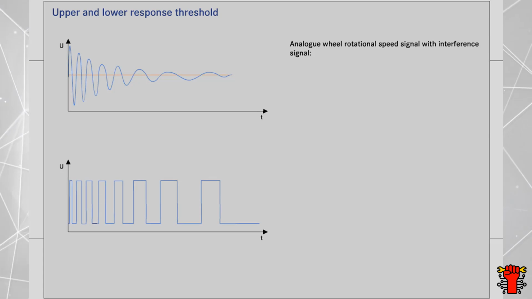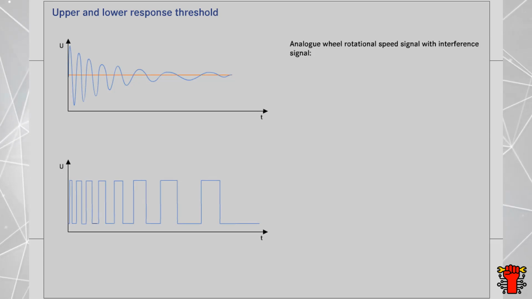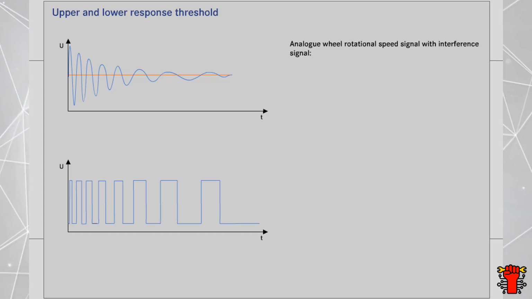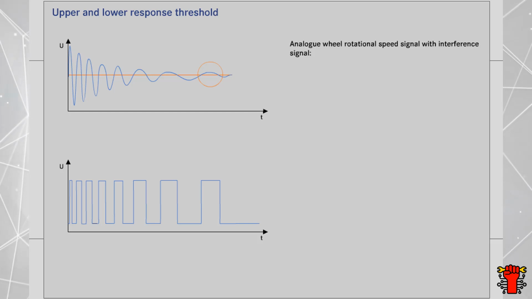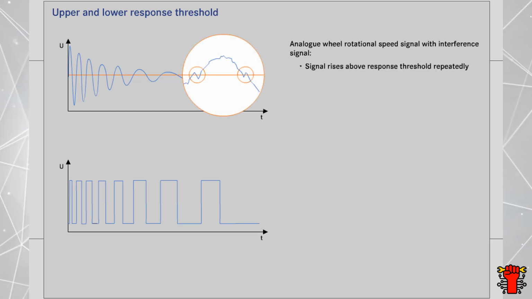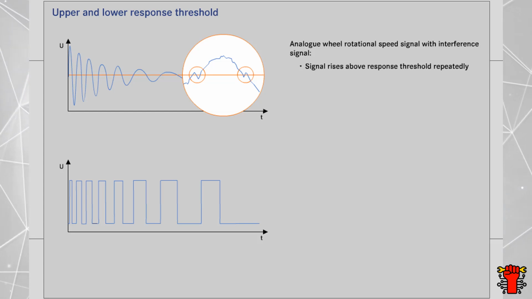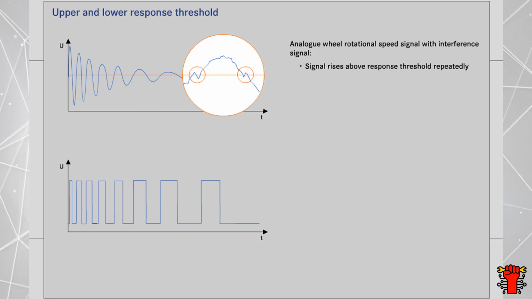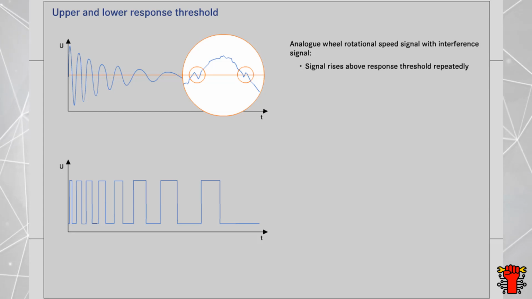What happens if the analog wheel rotational speed signal is overlaid with an interference voltage? Let's have a closer look at a section of the signal. The enlarged section shows that the signal rises above the response threshold repeatedly in two places. Have a look at the corresponding digital signal as well.